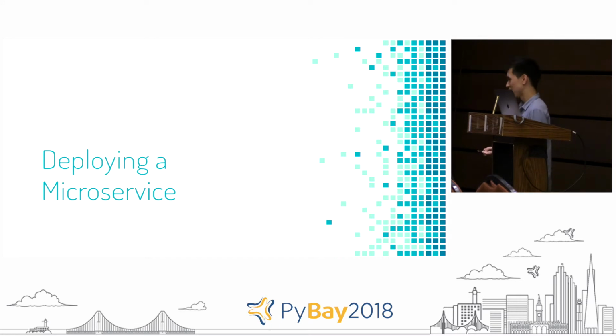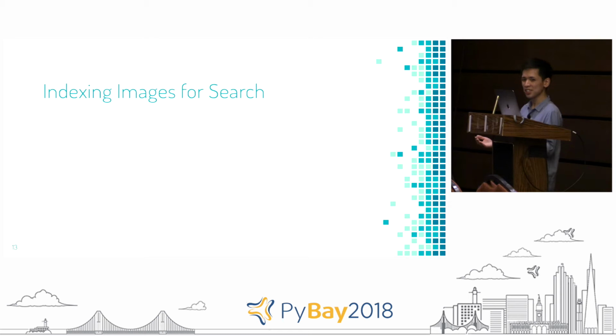So let's assume that you trained a model and it evaluates well with your evaluation test set. And you want to deploy it to be used in real time. So we're going to want to deploy this to a microservice. One of the first things that we need to do is to index all these images into that latent space.